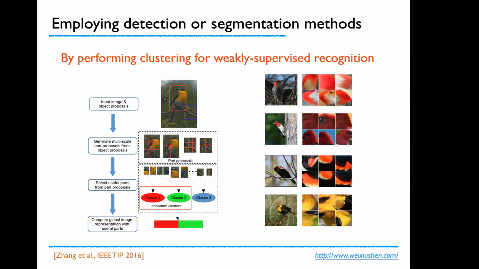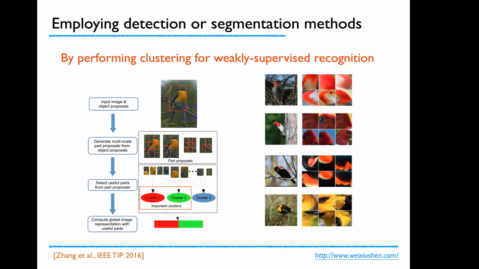Recognition methods in this research line also rely on unsupervised approaches to obtain semantic groups or semantic parts, and these groups can correspond to object parts. Specifically, as shown in this slide, one of our works adapts the spatial pyramid strategy to generate part proposals from object proposals.